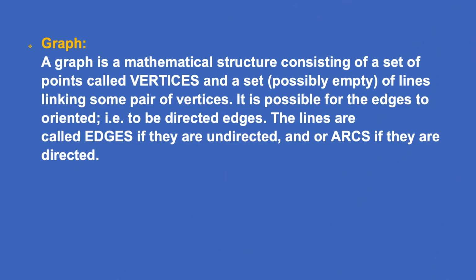A graph is a mathematical structure consisting of a set of points called vertices and a set, possibly empty, of lines linking some pair of vertices. It is possible for the edges to be oriented, that is, to be directed edges. The lines are called edges if they are undirected, and they are called arcs if they are directed.